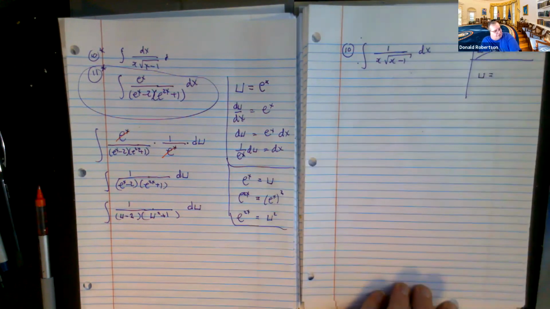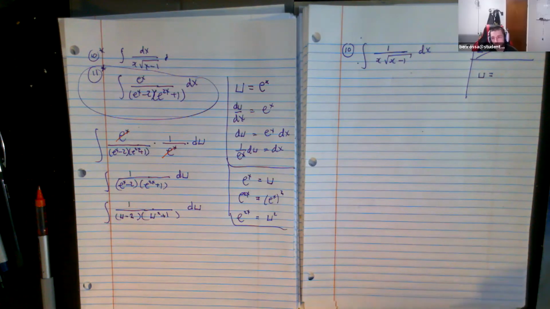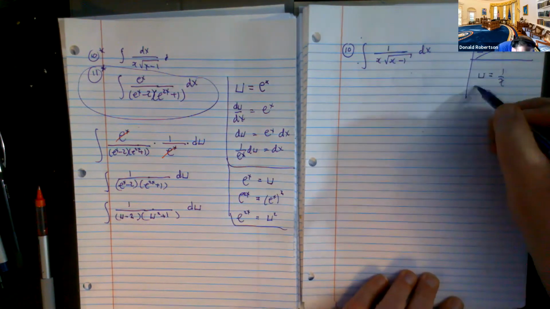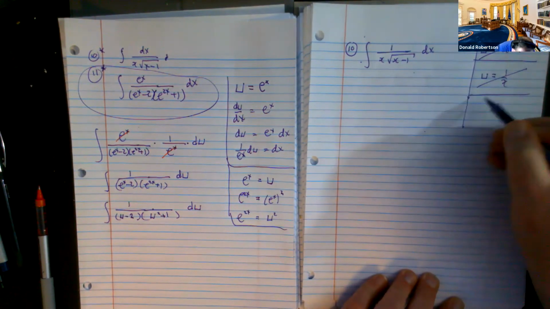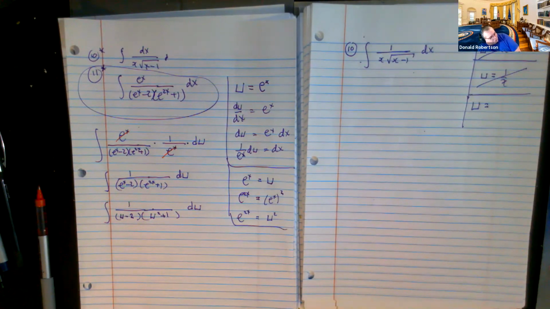Who's the only other u left? 1 over x. Okay, that one was the one I never thought of. So you try it and it fails on you. But you're right, that was one I didn't think about. It's almost like you're trying to avoid the right one. So whatever you were trying to avoid, actually say that one first.